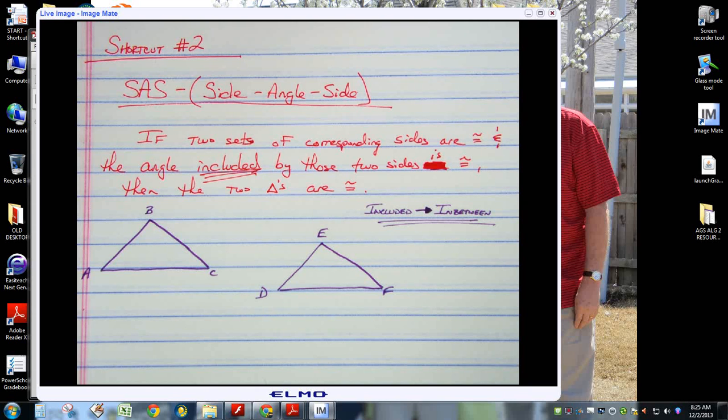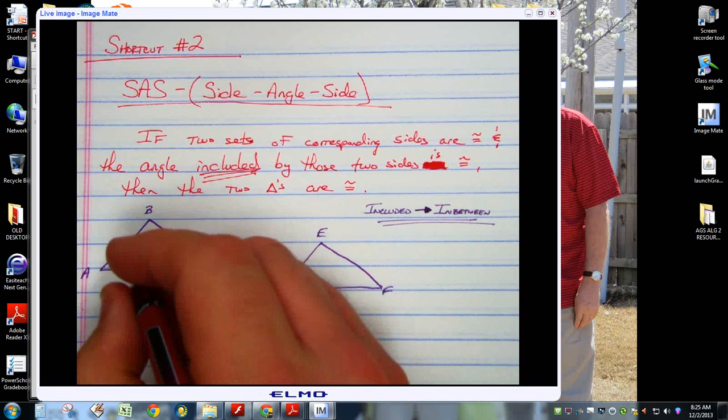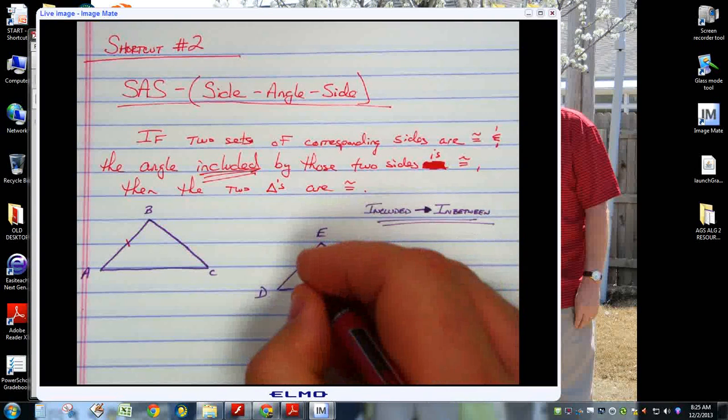This is important. Okay. Side angle side. Let's say that AB was congruent to DE.